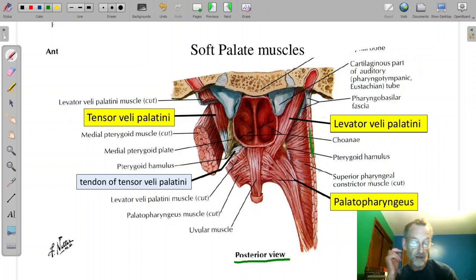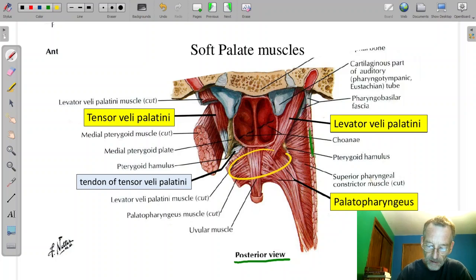These are soft palate muscles. We had the Palatopharyngeus that we just discussed, running from the soft palate here, going down into the pharynx. So it's going to be depressing the soft palate and bringing it closer to the soft tissues of the pharynx.